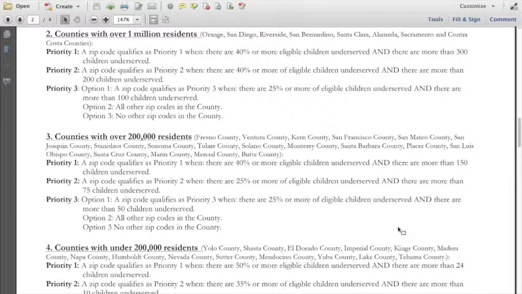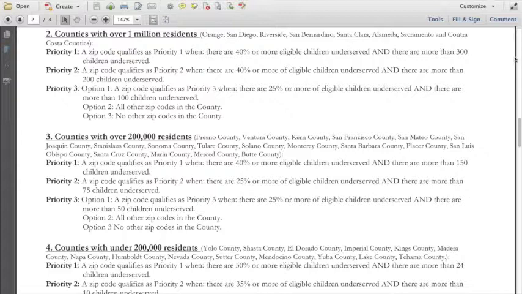So priority 1 is a zip code where there are 40% or more eligible children not served or underserved, and that there are more than 150 children not served or underserved.